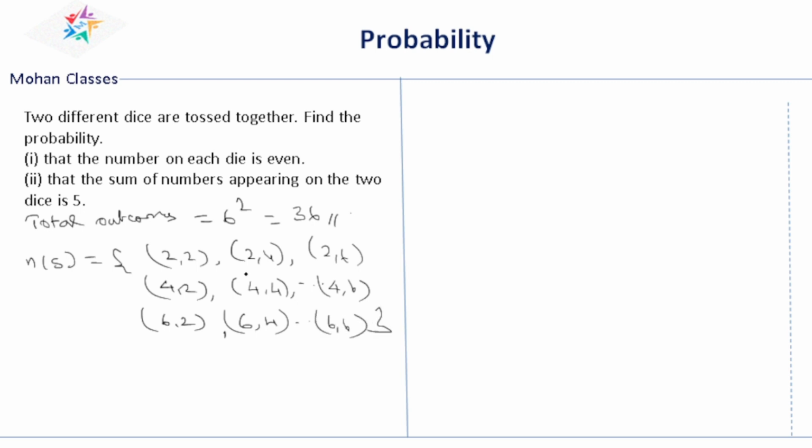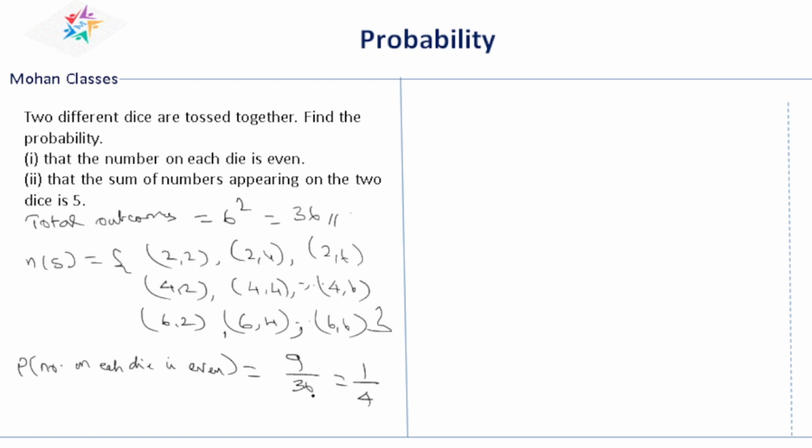How many will you get? 9, right? 1, 2, 3, 4, 5, 6, 7, 8, 9. Okay. So P of number on each die is even, what you will get? 9 divided by 36. That is equal to 1 by 4.